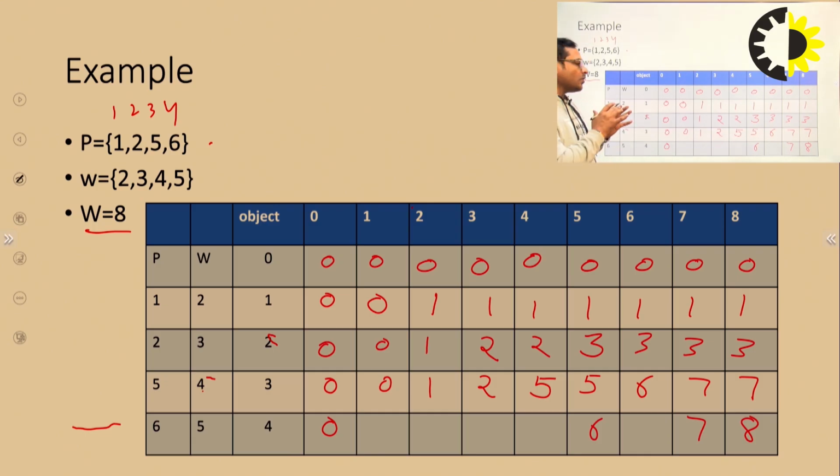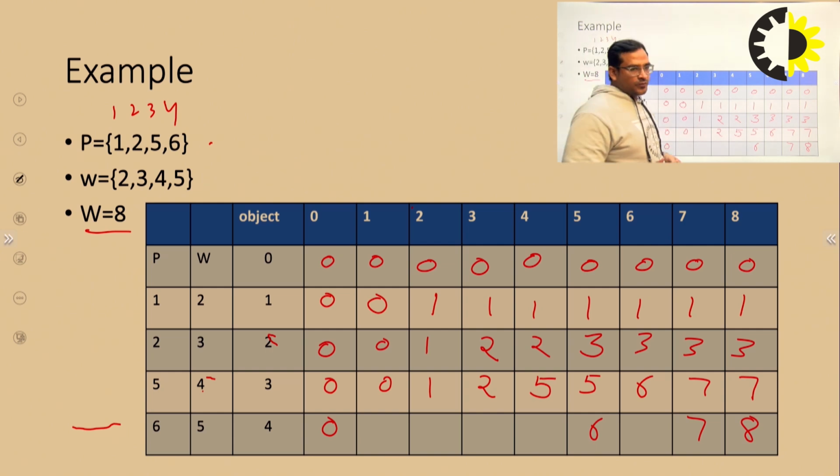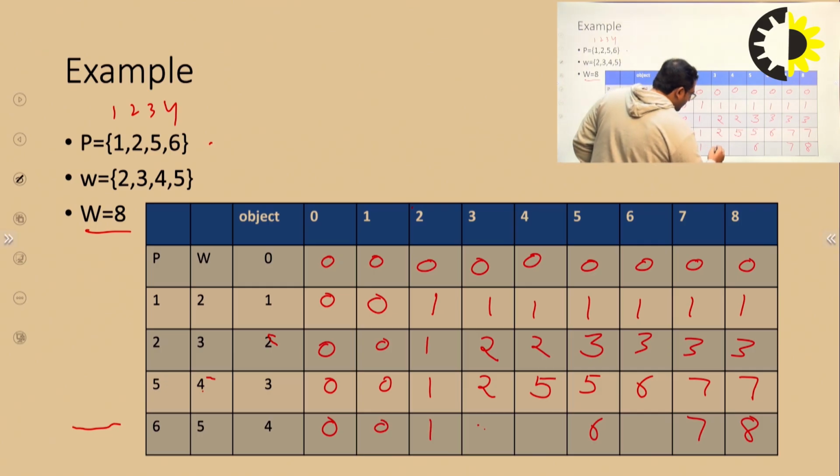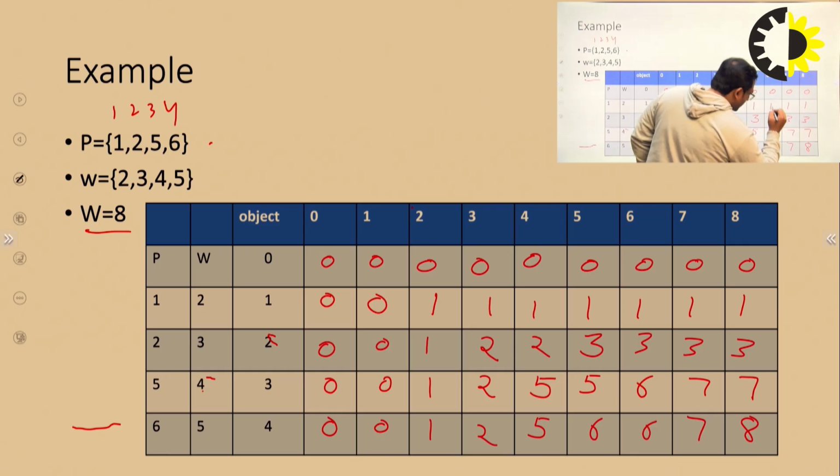So I'm not able to store all the objects in that particular bag. So what do we have to do here? We just neglect it. What are the other values we can put here? Just copy paste. The previous one is coming from the previous row. This one is also coming from the previous row.